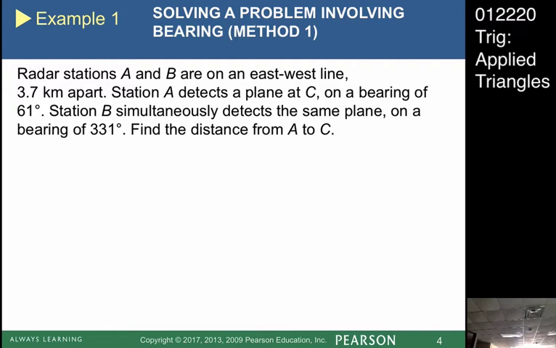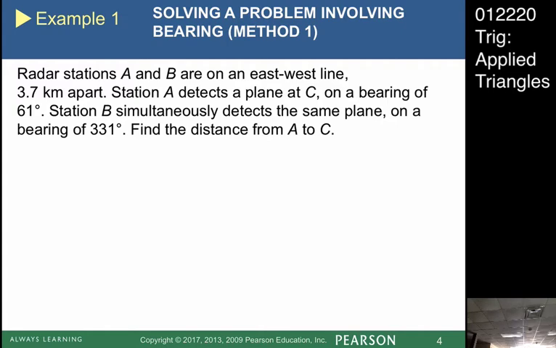So here's a radar station, A. It's at the top of an air traffic control tower. Here's another one, B. And what does it tell us? That they're separated by 3.7 kilometers. Station A detects a plane.